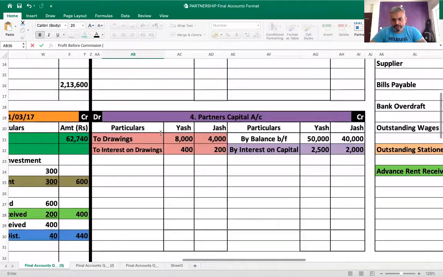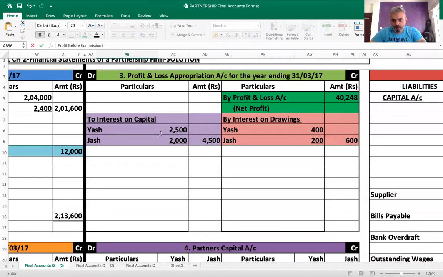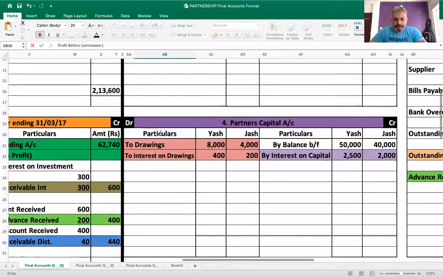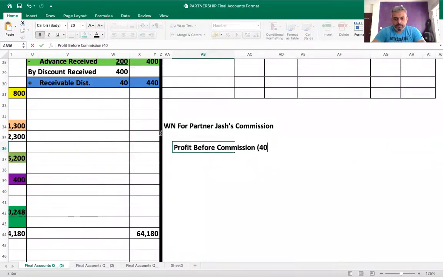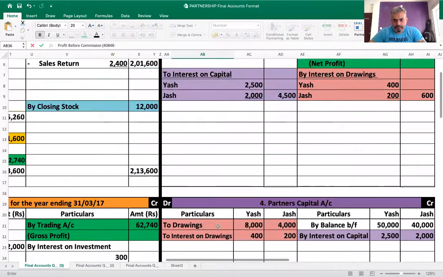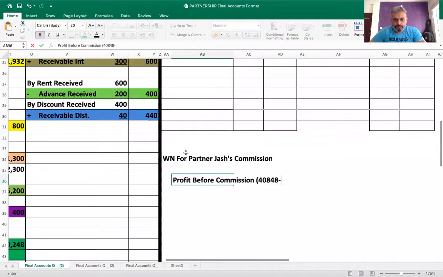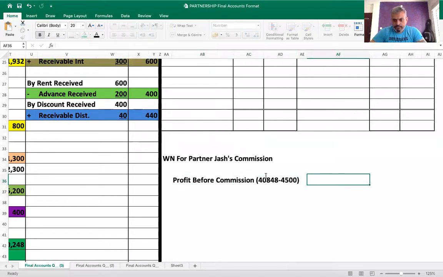So let's see what is the credit side. 40848 is the total, minus 4500. 36348 is what you are getting as profit before commission.